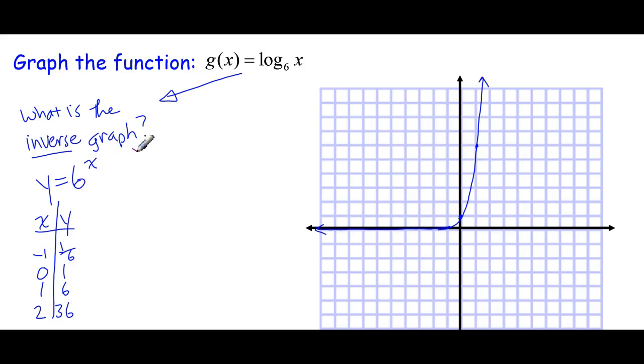And then draw the inverse. And remember, the inverse of a graph is a reflection, a mirror image, across this diagonal line here. So the inverse graph, that point will be here. This one at 1, 6 will be over here at 6, 1. 1, 2, 3, 4, 5, 6, 1.